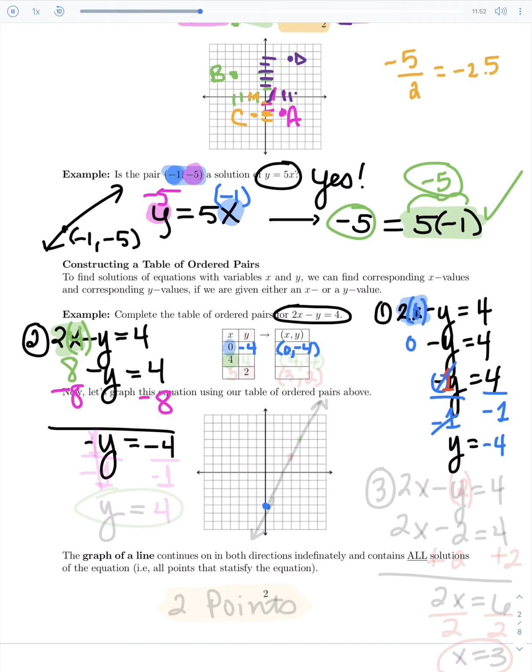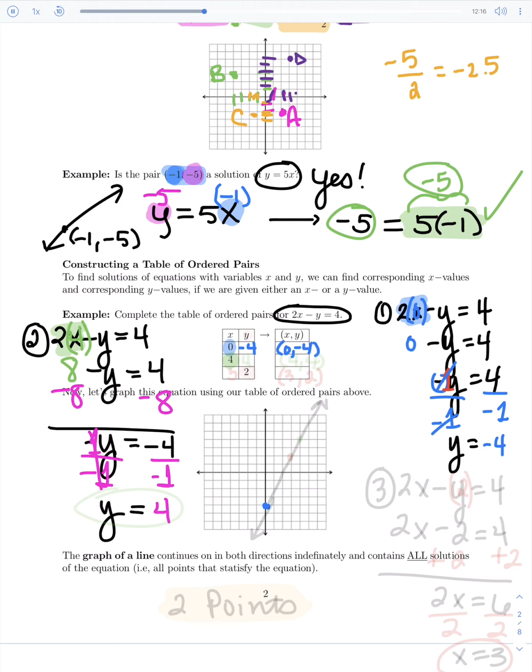Remember, it's a negative 1 out in front of that y, so we're going to divide both sides by negative 1. That'll get rid of our 1 and our negative sign all at once, which gives me y equals negative 4 divided by negative 1, which is a positive 4.